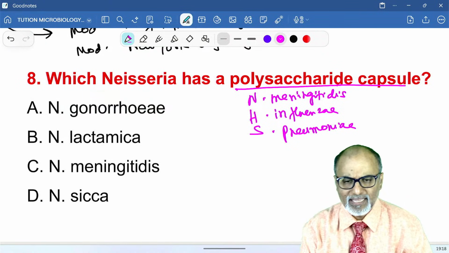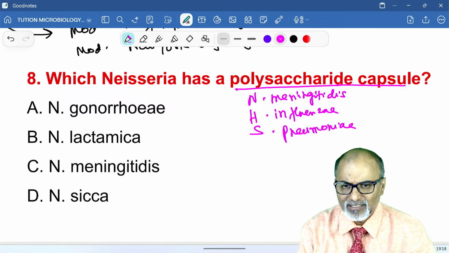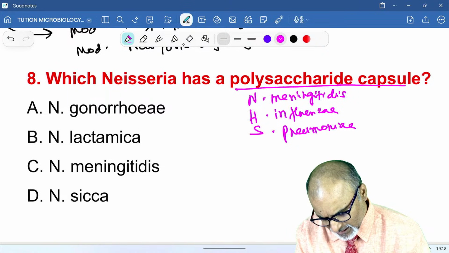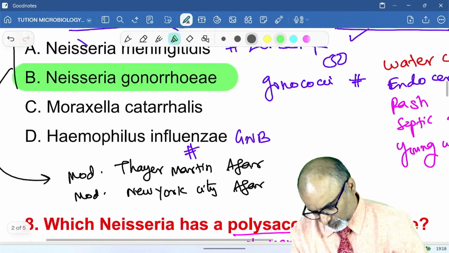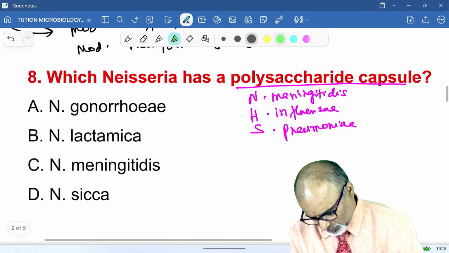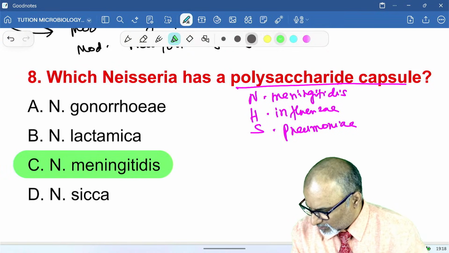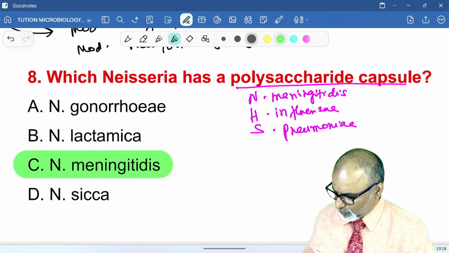All these possess a polysaccharide capsule.